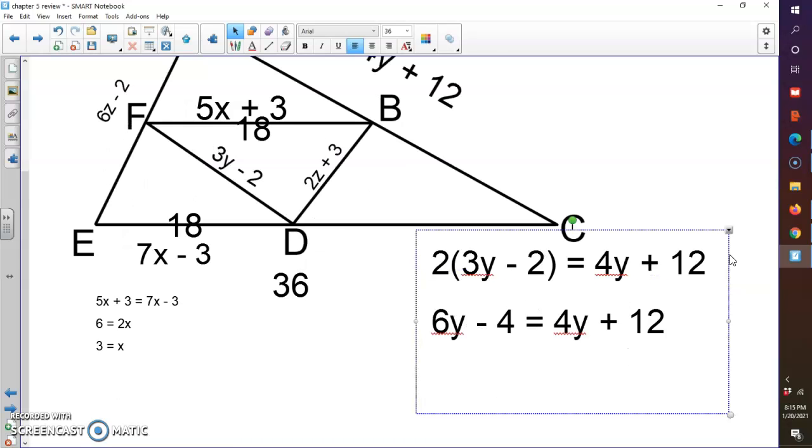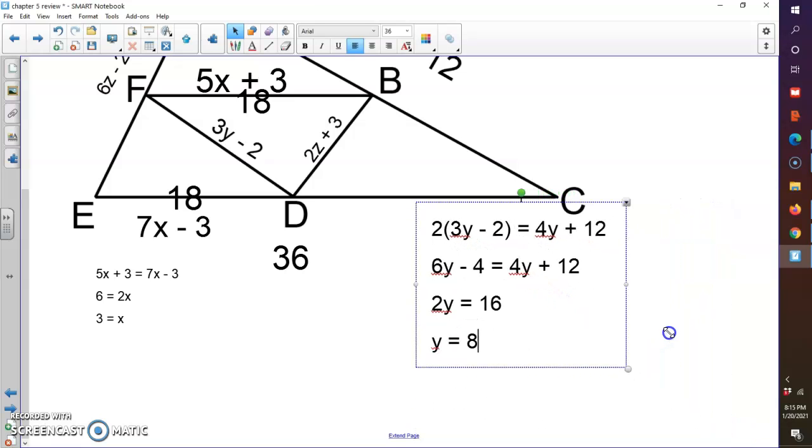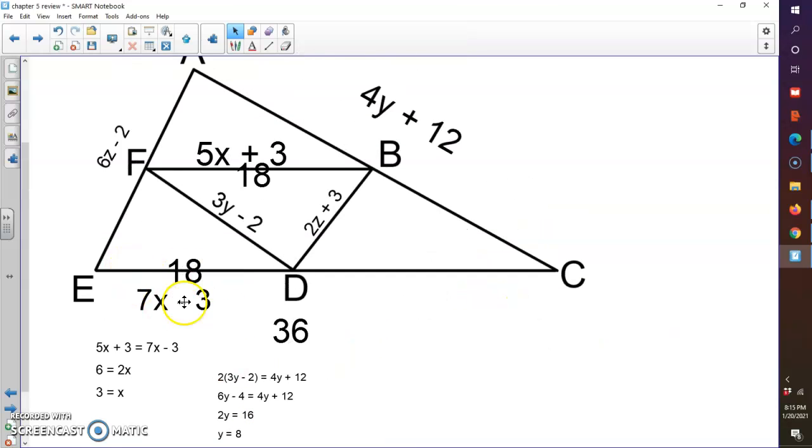I'm going to get 2y on this side equals 16, and my y equals 8. And if y equals 8, 3 times 8 is 24 minus 2, 22, which means this whole line should be 44. 4 times 8 is 32 plus 12, well, 44. Definitely works out.